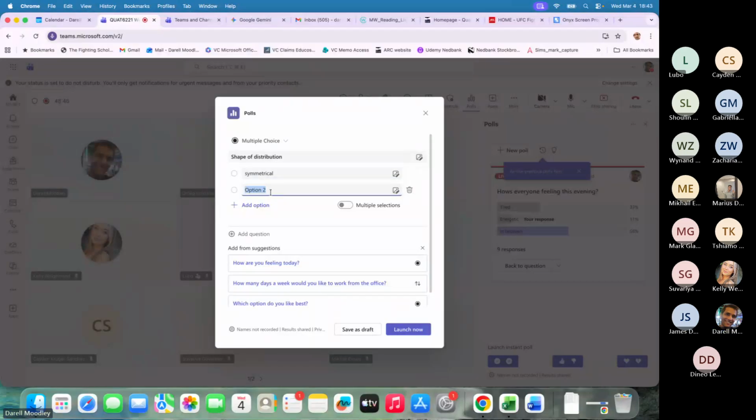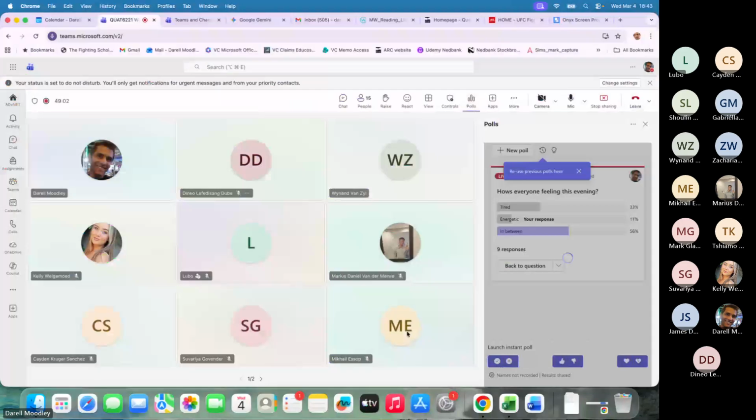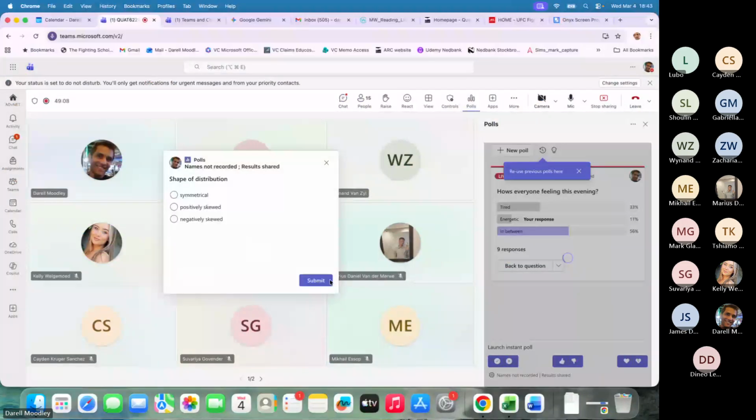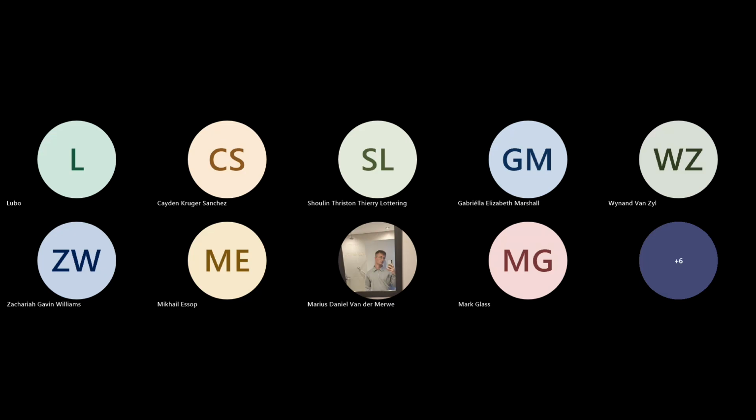Is it positively skewed? Or is it negatively skewed? We'll stop sharing here, and I'd like everyone to give this quiz a bash.